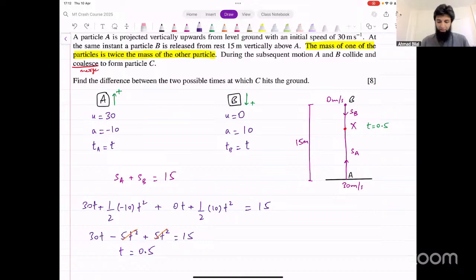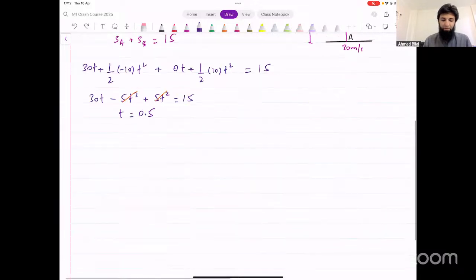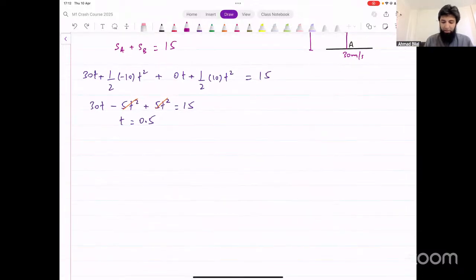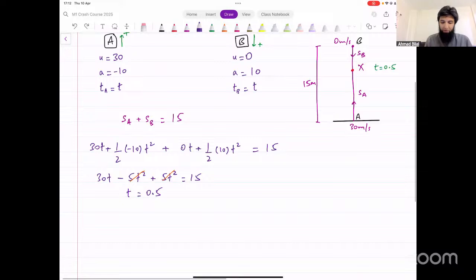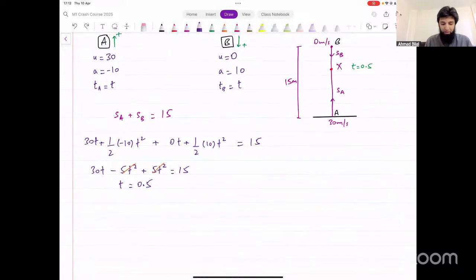How do we get that velocity? For both of them, we can use V equals U plus AT. VA equals U plus AT. U is 30 plus A, that becomes minus 10, into T, which is 0.5. Now this gives us 25 meters per second.